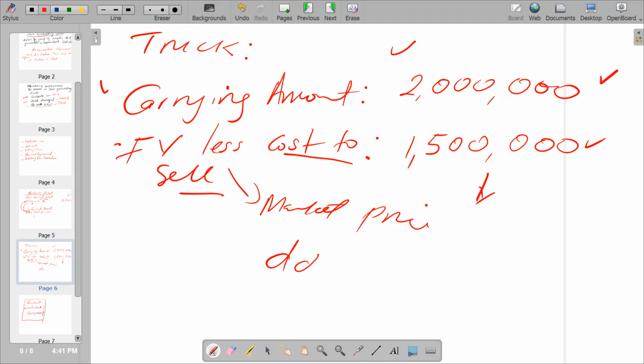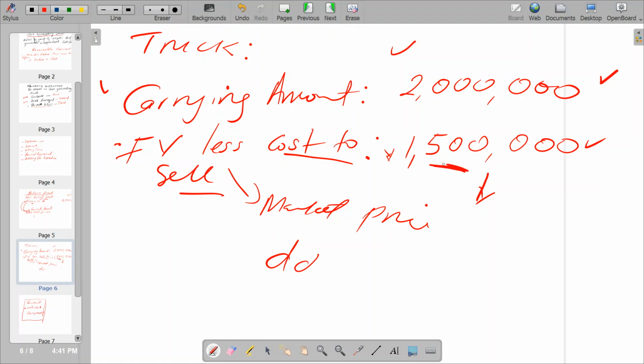Yes, because this gives us at least the accurate value, if not accurate, at least, let's say, the reasonable value of the assets. Okay, so we will pick this.